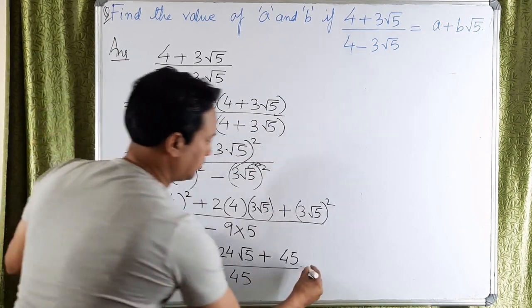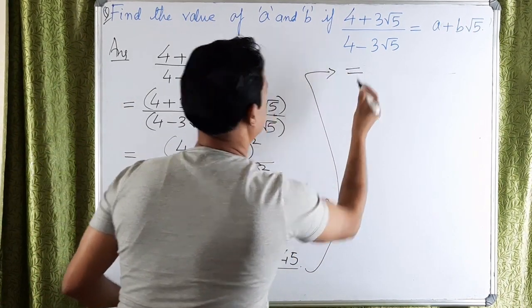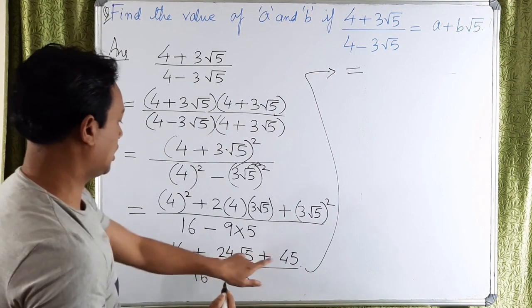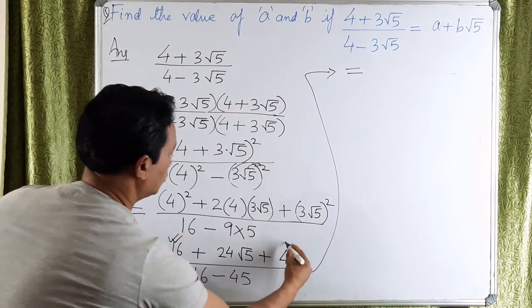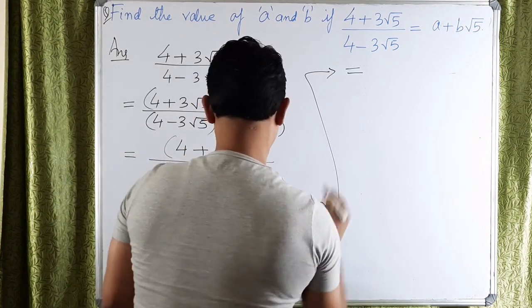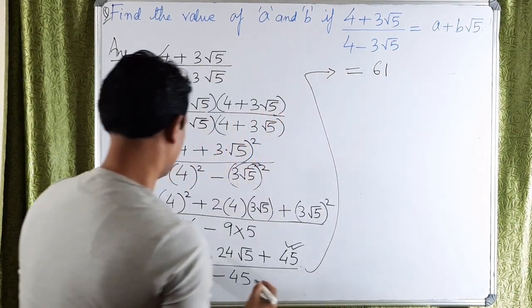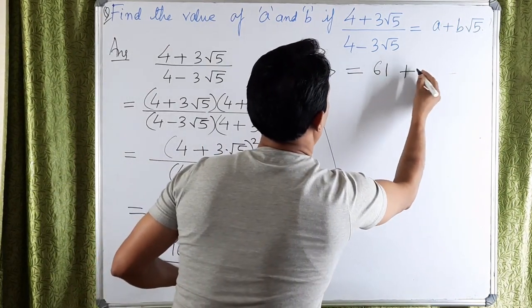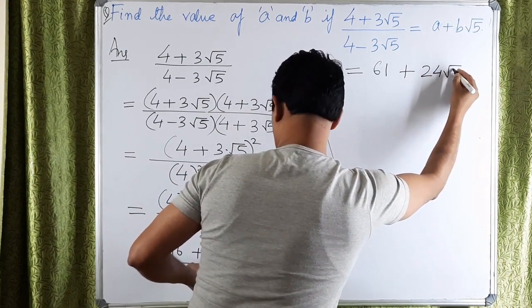Now next line, let me continue here. So we will be getting how much? 16 and 45 if we add. These are rational numbers, so we will be adding these two rational numbers, rational part first. 16 and 45 will make how much? 61. So 61 plus 24 root 5.